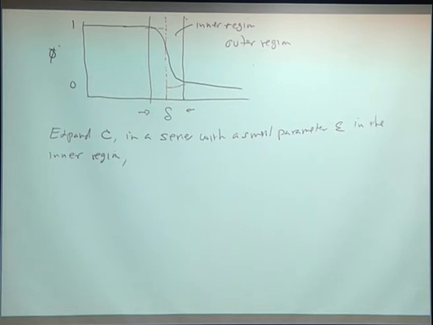You scale the space by that small parameter. So you can write C as a series, where C1 and C2 are the perturbation terms. Remember, we did something like this when we did the Cahn-Hilliard equation. But what you're doing here is using a stretched spatial variable, divided by epsilon. So you expand out this inner region in there.